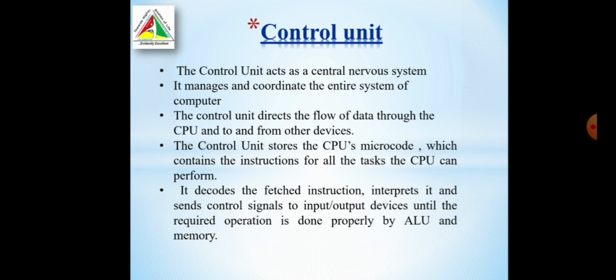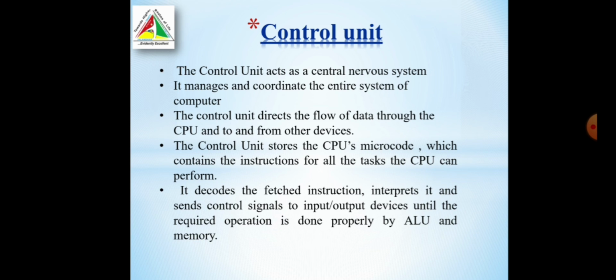Next is control unit. The control unit acts as a central nervous system. It manages and coordinates the entire system of computer. The control unit directs the flow of data through the CPU and to and from other devices.